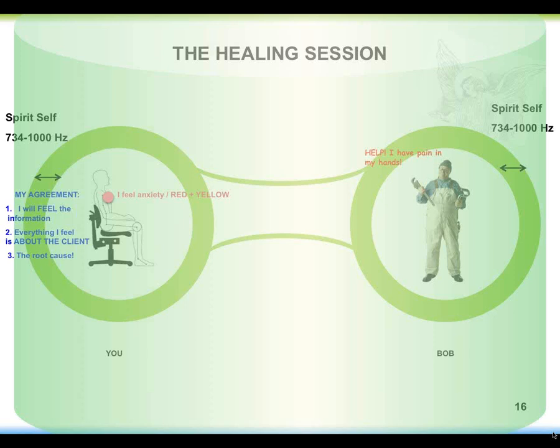In the meantime, this is one thing you add to your contract. When working with color, I would like to immediately feel, see, sense, get a strong feeling of the color that will heal or reverse this block.